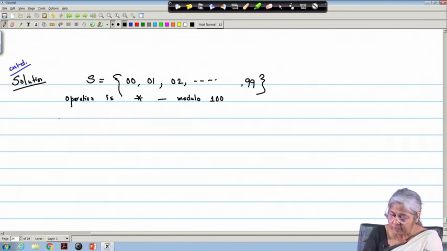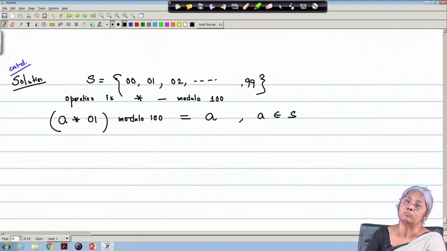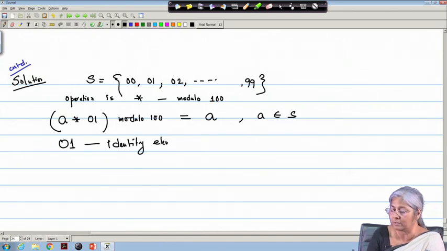If I take a 2-digit number a, multiply with 01 and divide by 100, taking the remainder, that is modulo 100, we get a only. Since a star 01 is a, and a belongs to S, that means a is a 2-digit number. So 01 is my identity. This is my identity element.